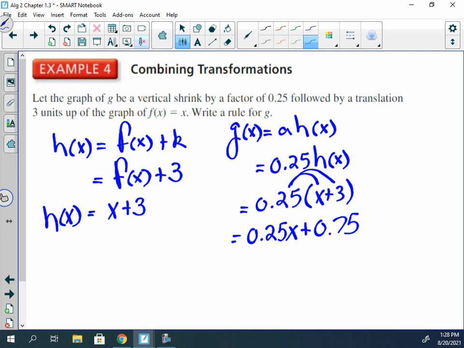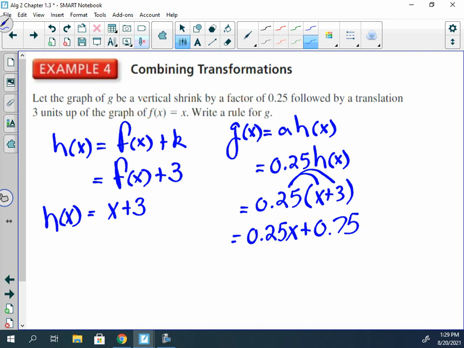But if we take it one step at a time, like we did here, it doesn't matter if we're trying to make sure we keep it in the correct order and how they affect each other. Because if we're taking it one of these steps at a time, it's going to take care of itself. We don't even have to worry about if it's going to affect it or if it's not.